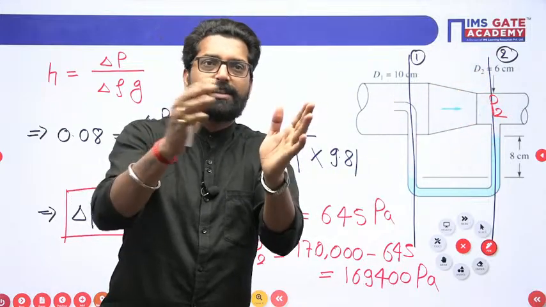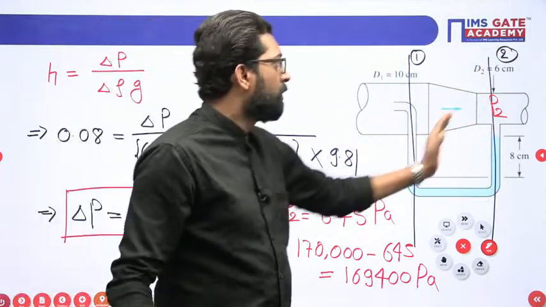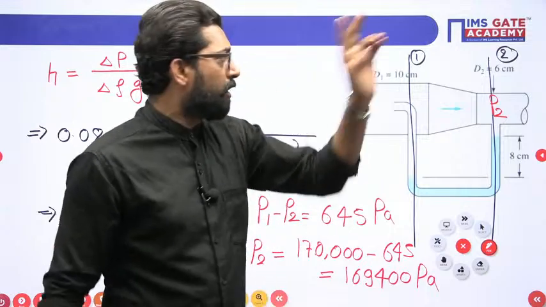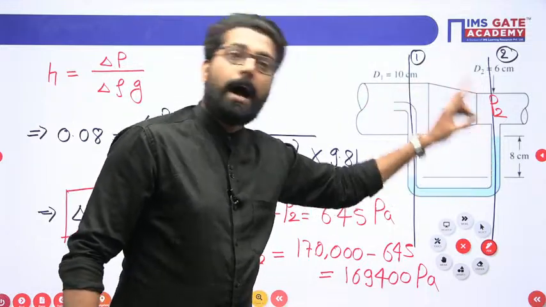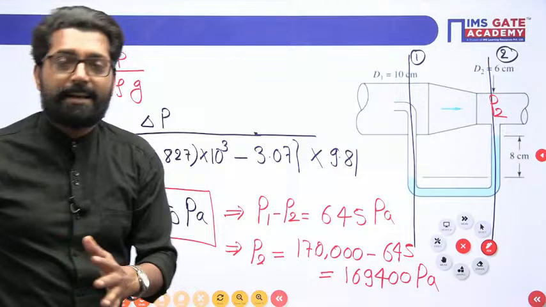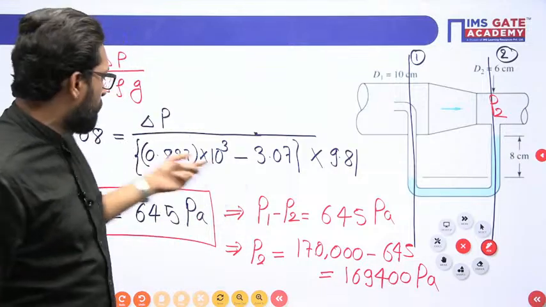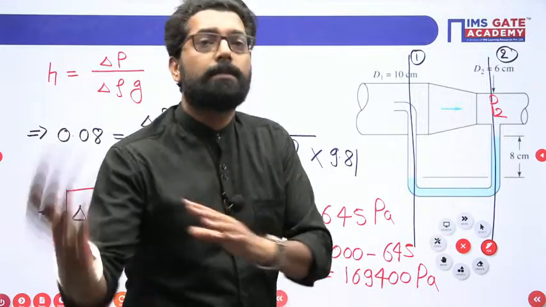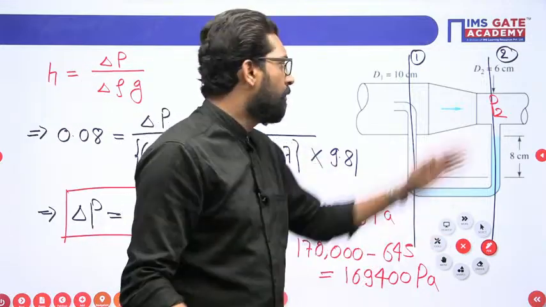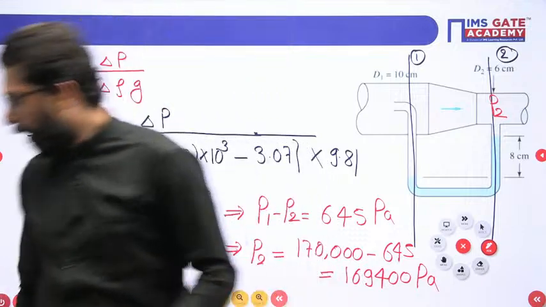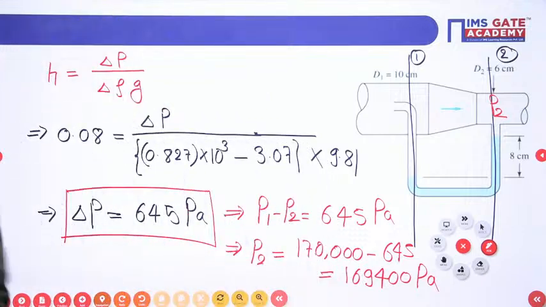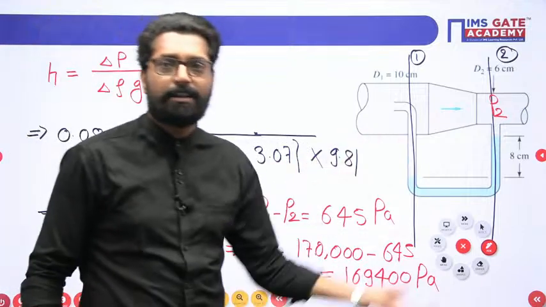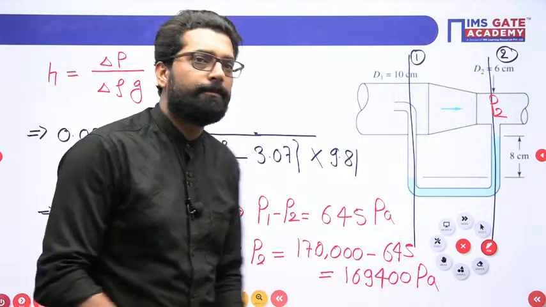From the continuity equation, you can establish one equation of the velocity. And another is the energy equation, because the pressure difference is given. From that, you can establish another velocity relation, and you can solve V1 and V2. Once you solve V1 and V2, you can easily find the discharge. What is the discharge? Area into velocity.